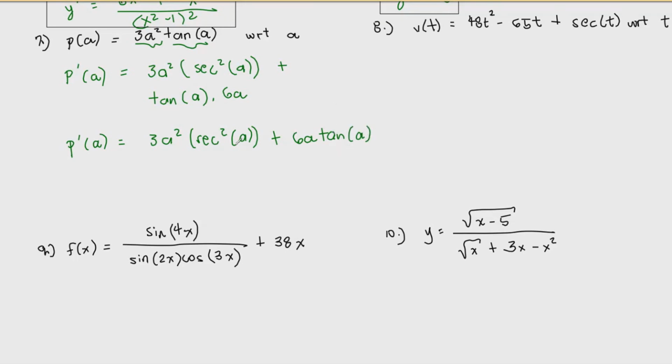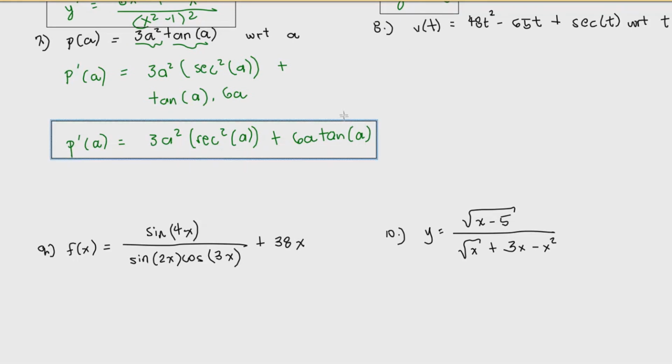Have the habit of including the parentheses for representing the function that is inside of what is called the trigonometric function, since it might get confusing in the latter portion if you're just writing tangent a, secant a.